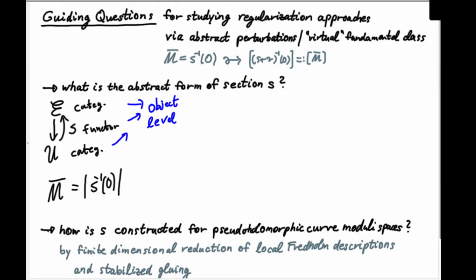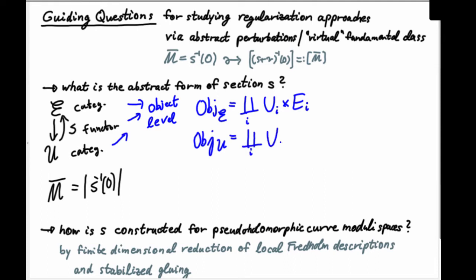So the objects of my bundle E are a disjoint union of, think of trivial bundles with fiber E_i over a manifold U_i. So my object space, the base U, is simply these U_i. So these should be smooth manifolds.